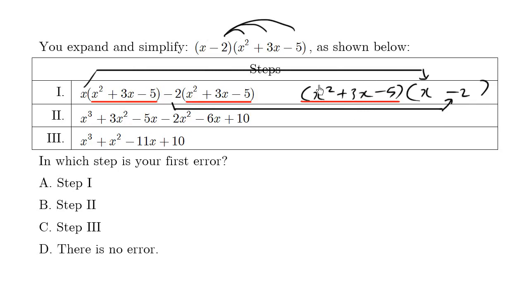And you can see that this expression here times x, using distribution, is equivalent to x times this expression. And this expression, this thing here, times negative 2 is negative 2 times this expression. So this is working fine. This step is legitimate.